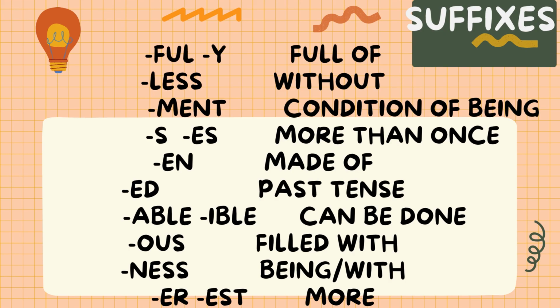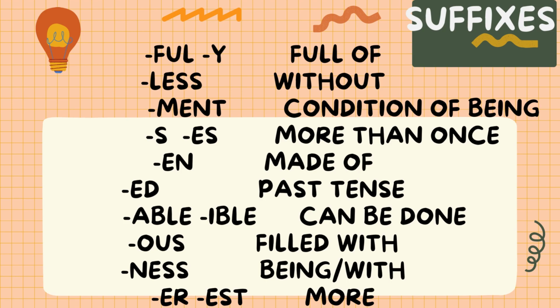EN, made of. ED, past tense. Another example is able or IBLE, which means can be done. OUS, filled with. And another example is NESS, which means being or with. The last example we have listed here is ER or EST, which means more.